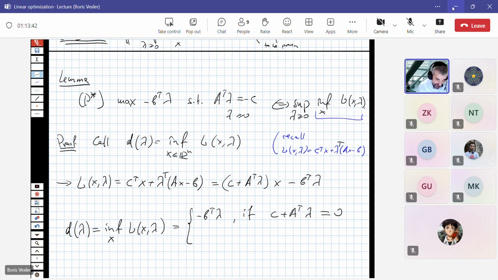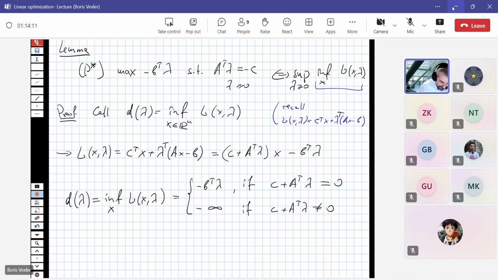If c plus A transpose lambda is not equal to 0, then for sure this infimum will be minus infinity, since in at least one component it is not equal to 0, and then we can find a sequence of x such that the whole thing goes to minus infinity.